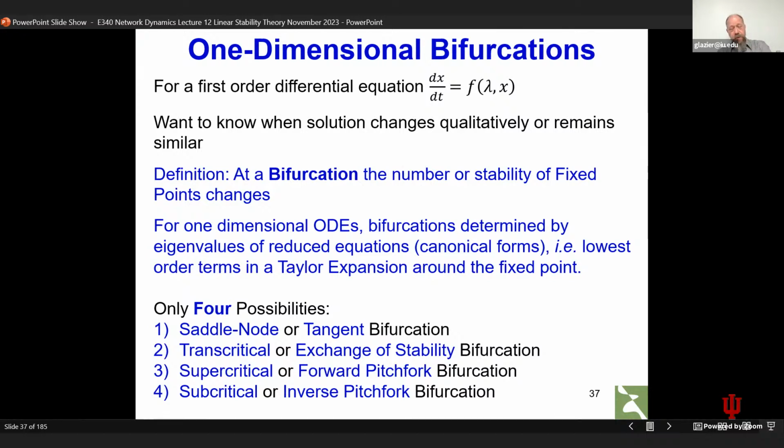That second one is sort of trivial looking. And then the third one is what's called a pitchfork bifurcation. You'll see why in a minute. And the fourth one is what's called an inverse pitchfork bifurcation, which is one that you also run into occasionally, but isn't necessarily the most exciting. The ones we've seen in the example we did were both saddle node or tangent bifurcations, as it happens.